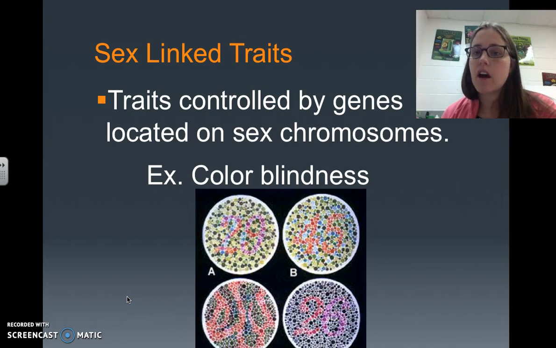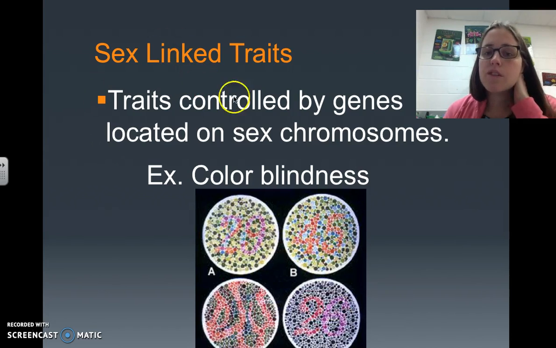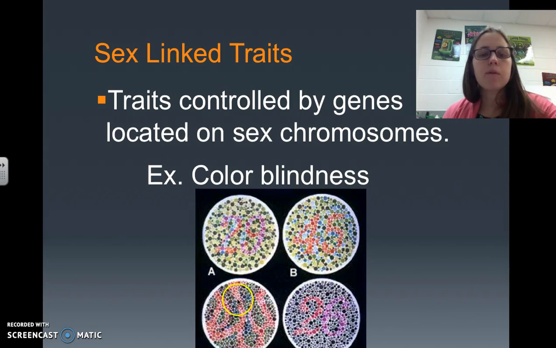Now sometimes there are traits that are linked to those sex chromosomes, so other genes other than just what makes you a boy or what makes you a girl are on those chromosomes. And one of them is called color blindness. If you're looking at this, some of you may be able to easily tell what the numbers are in each of these circles. And if you can't tell, if they all look the same, you may be colorblind.